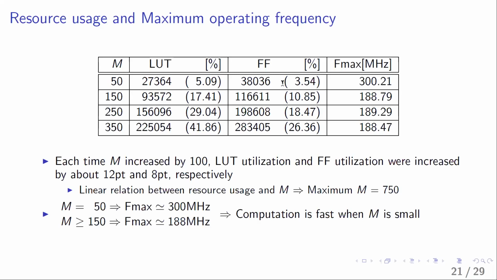Also, when M was 150 or more, Fmax was about 180 MHz. And when M was 50, Fmax was close to 300 MHz. Therefore, the smaller M, the higher the maximum operating frequency and the higher the speed.